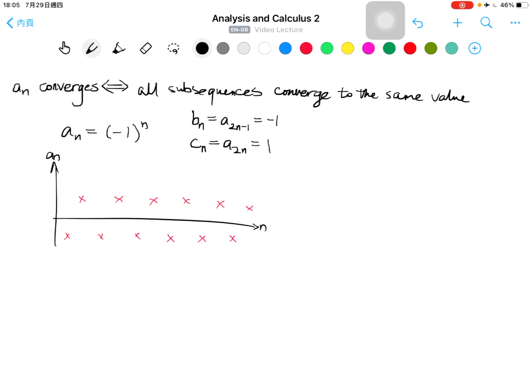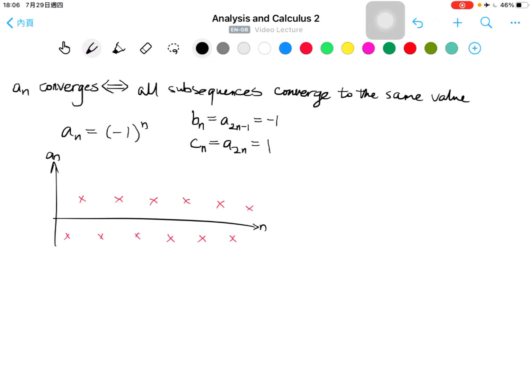So this is very useful when we want to show that a sequence diverges, especially in our case, an equals -1 raised to the nth power. If two subsequences converge to different values, or one of the subsequences does not even have a limit, then we can directly know that the original sequence diverges, and does not have a limit.